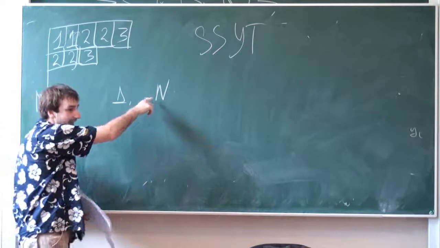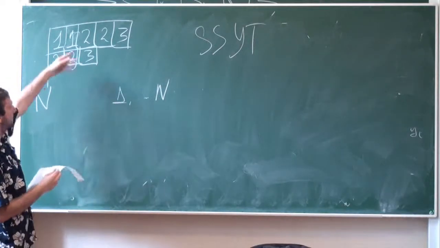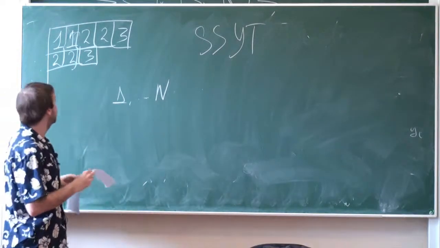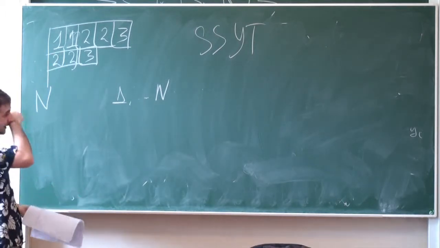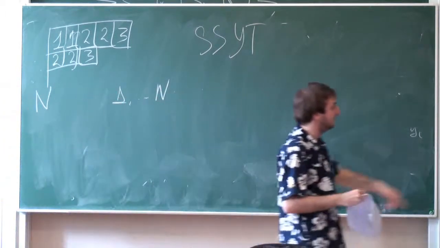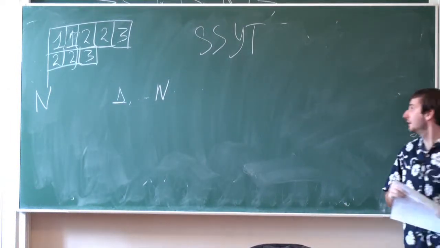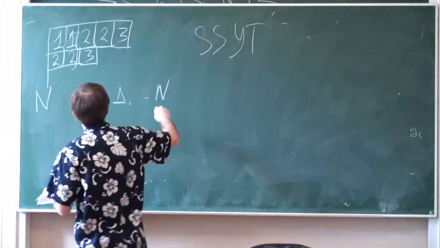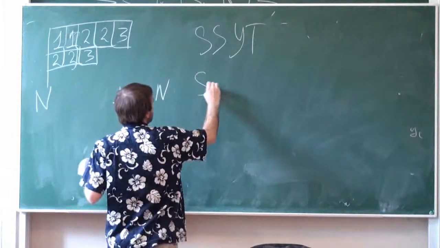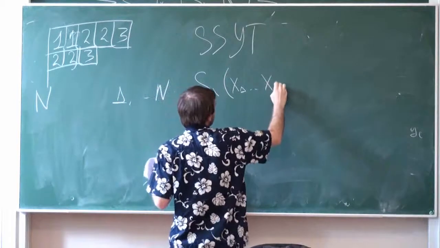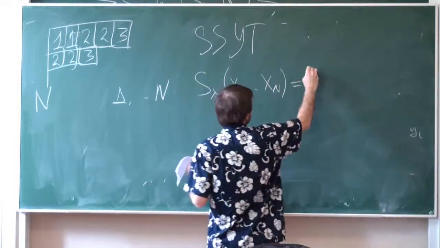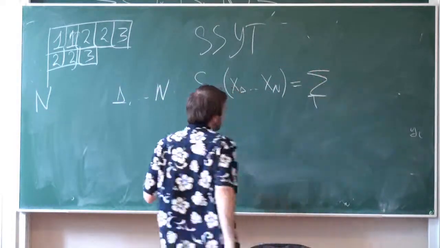And we have a parameter n, such that all the numbers are not greater than this parameter. And then you can see, just by iterating this formula, that you arrive at the following statement, that s lambda of x1 through xn is equal to the sum over all semi-standard Young tableaux.